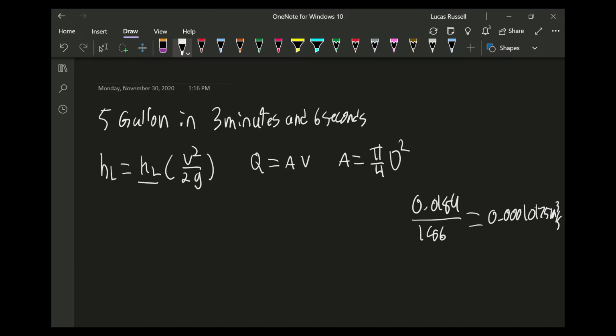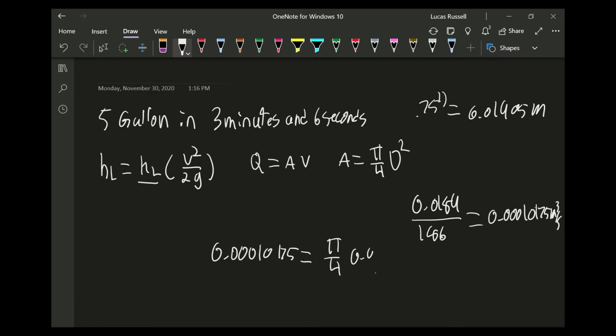So we plug that into this Q equals AV. 0.000100175 is equal to pi over 4, and then the diameter was 3/4 of an inch, which is 0.01905 meters, because you've got to be consistent with the units.